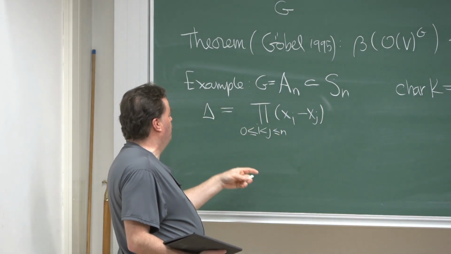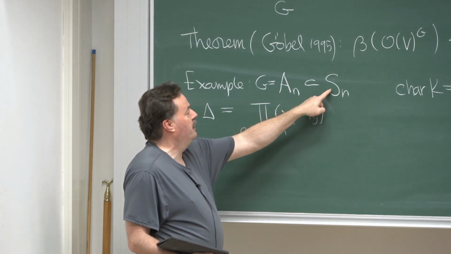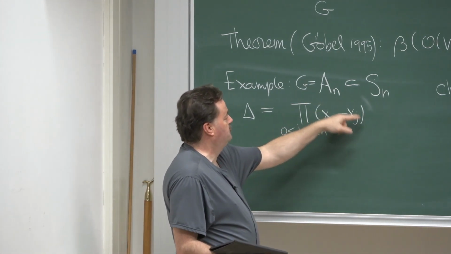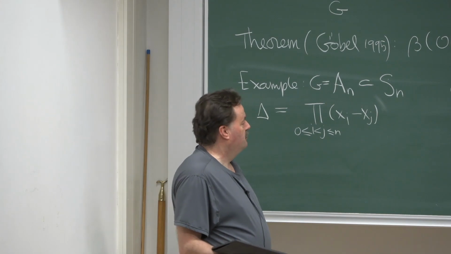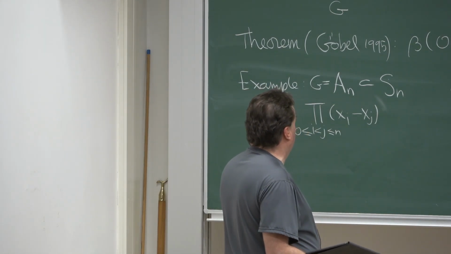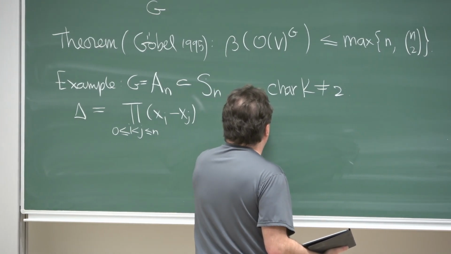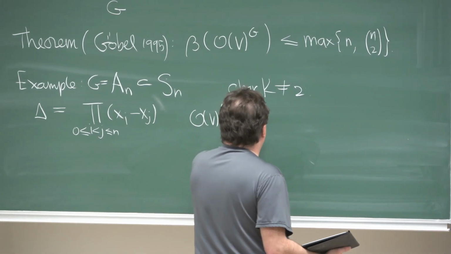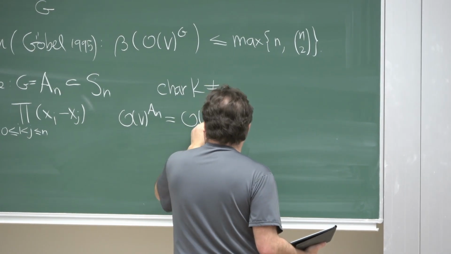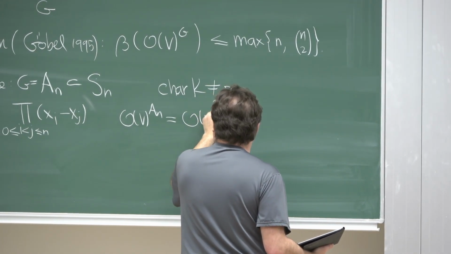So this is not invariant under the group Sn, because Sn acts on this by a sign, but it is invariant under An. And so in this case, the invariant ring is, in fact, you can write it as a module over the invariant ring of Sn.